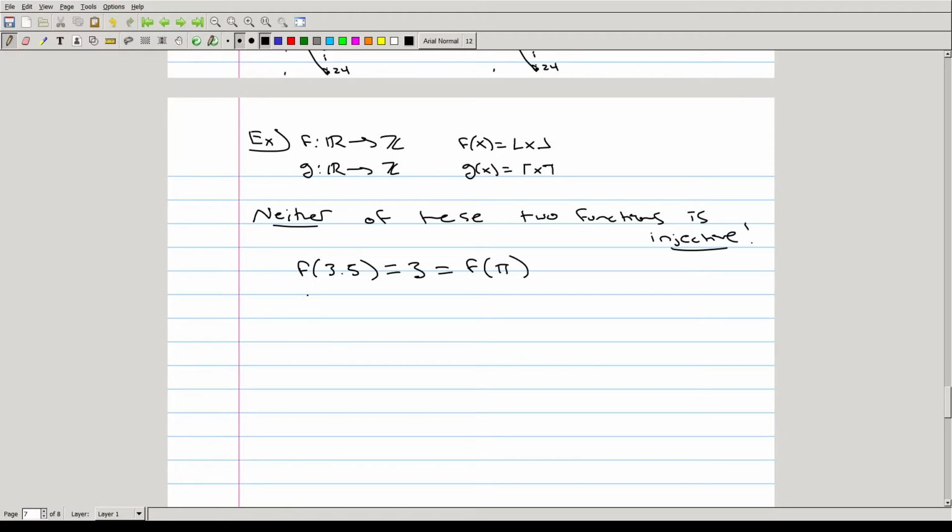The ceiling function, you do the exact same thing. The ceiling function of the square root of 2 is equal to 2, which is the same thing as the ceiling function of 1.5.